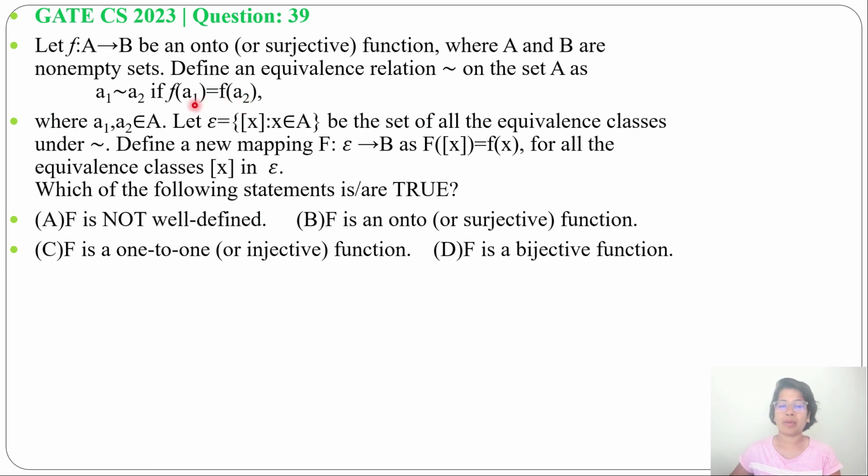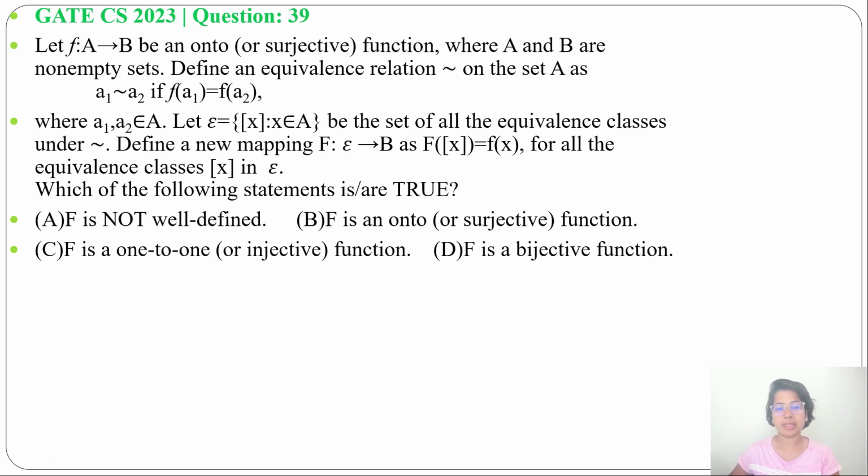If both A1 and A2 images are the same, then you can say A1 is equivalent to A2, where A1 and A2 belong to set A. Let epsilon equal the set of all the equivalence classes under the equivalence. Define a new mapping F: epsilon → B as F of [x] equals f of x for all the equivalence classes [x] in epsilon. Which of the following statements is or are true, and 4 options are given.